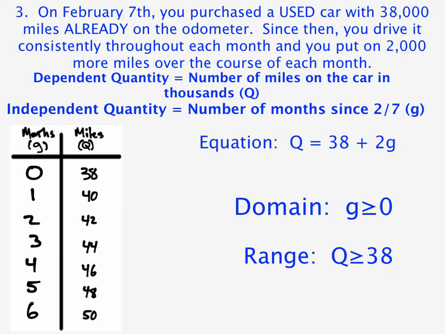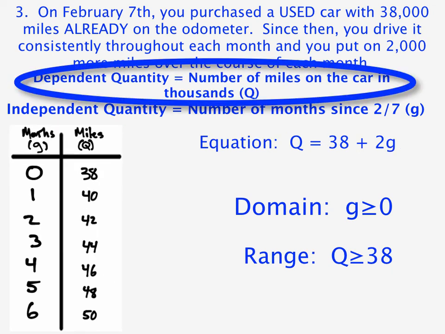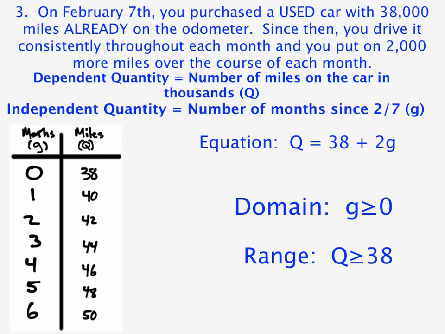Also note that if you wanted, you could change how you defined the dependent quantity to be miles in thousands, in which case the equation would be q equals 38 plus 2 times g. The domain would be the same, but the range would be q is greater than or equal to 38.